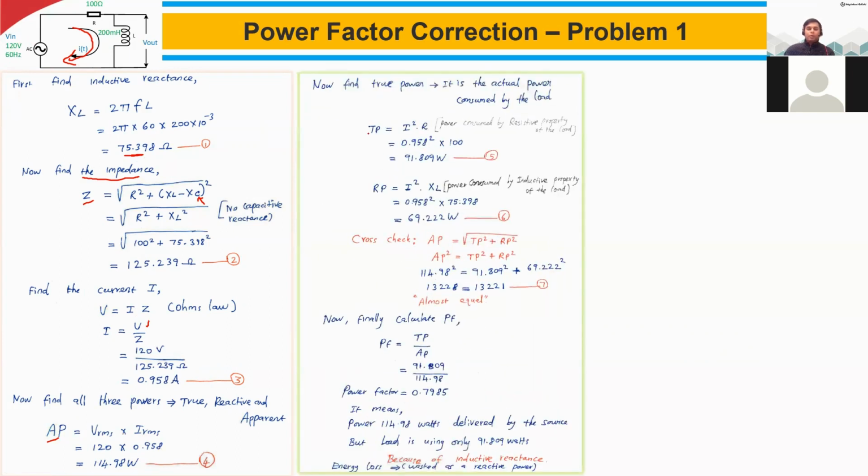Now we have to find the true power. True power is the power consumed by the resistor, that is the original load, or what the load actually needs. We know the current value and we know the R value, so you can find the true power. Similarly, you can find the reactive power, RP, that is I square XL.